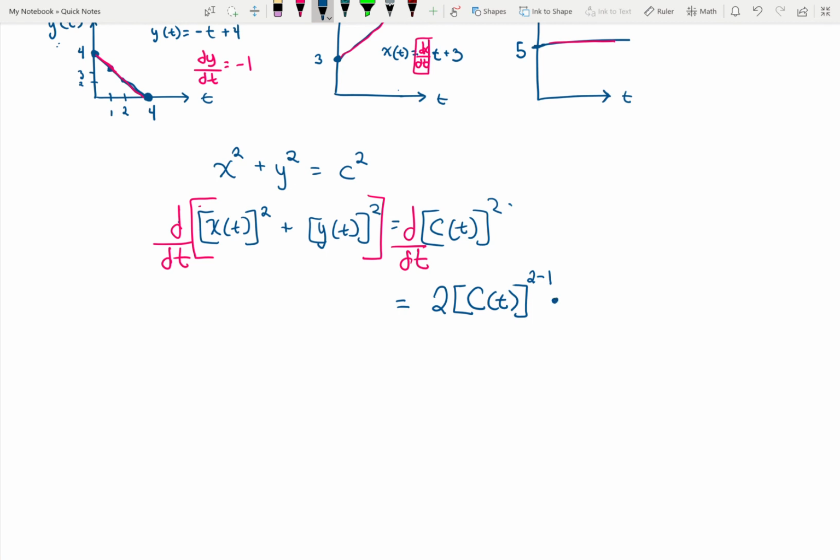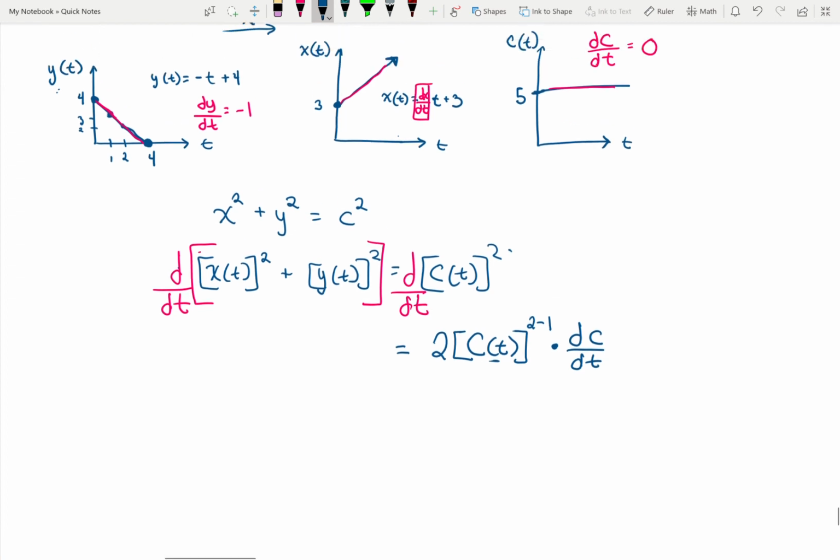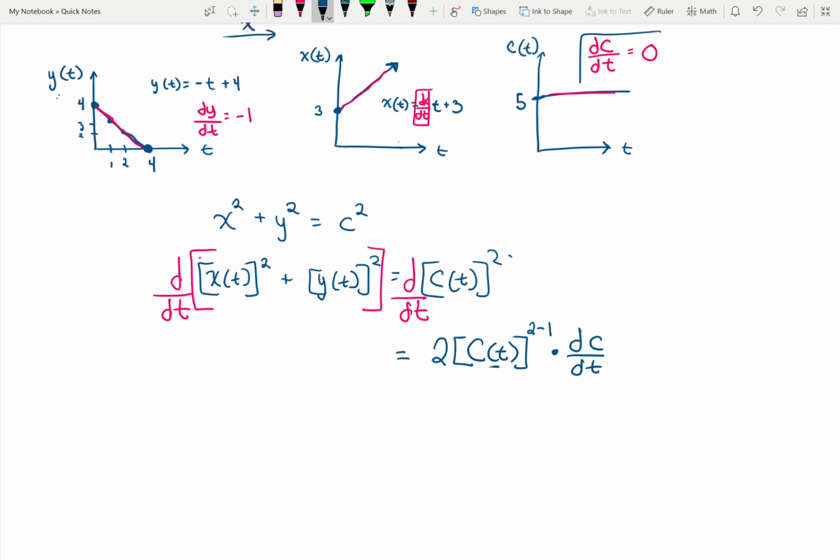Then I'm going to multiply this by the derivative of the inside function, which is dc/dt. But we know that dc/dt is 0 because this is a constant function. So this whole side eventually goes to 0. Okay, good.